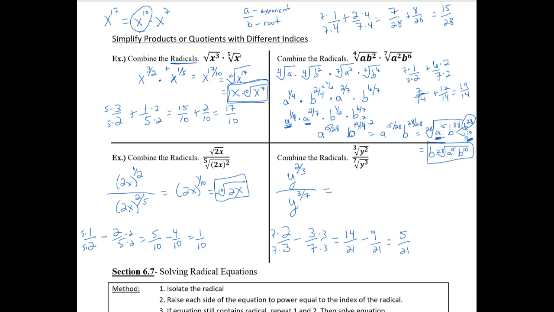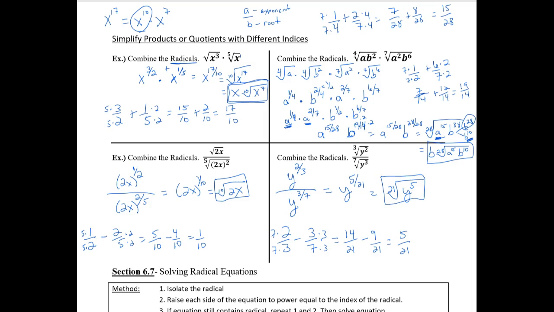So when I subtract those exponents, we get y to the 5/21 power. And then I'm going to rewrite that in radical notation as the 21st root, because that was the denominator, of y to the 5th. I need 21 y's to be able to take it out of that root. I only have 5. So this is all we can do.